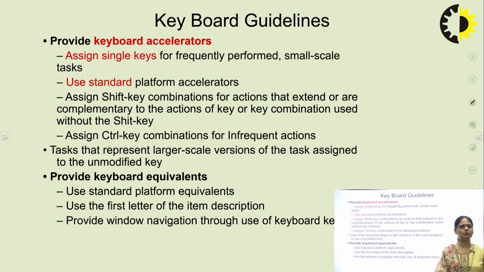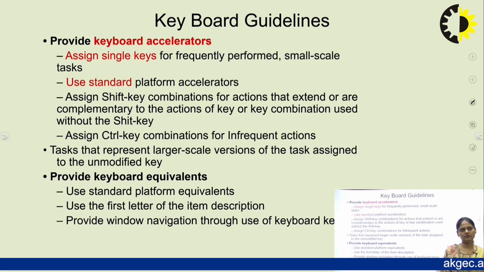What we do in keyboard accelerators is assign single keys for frequently performed small-scale tasks. Whenever a task needs to be performed very speedily and very frequently, we assign a single key for it. Just like maybe save. In many software packages, if we work in C or any other, F2 is one of the keys.